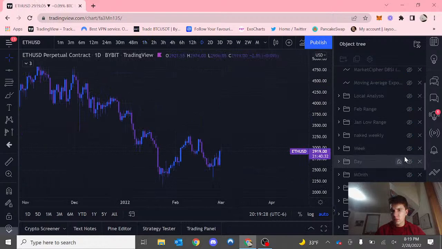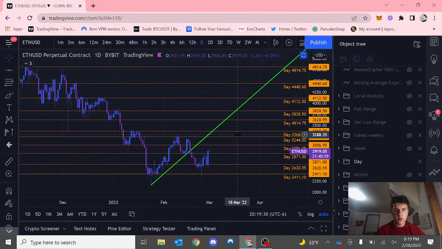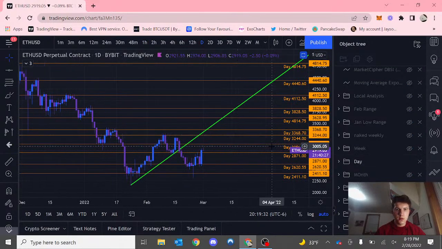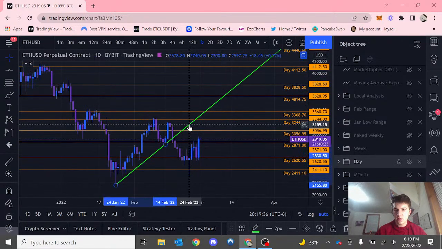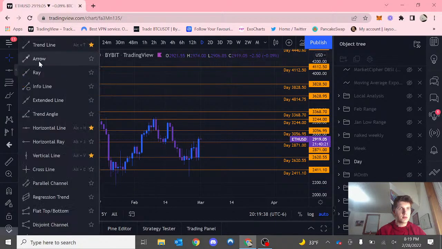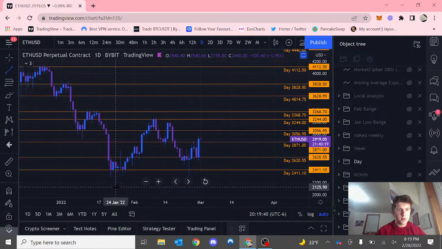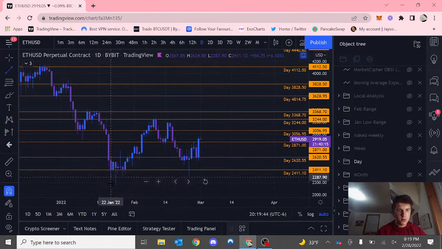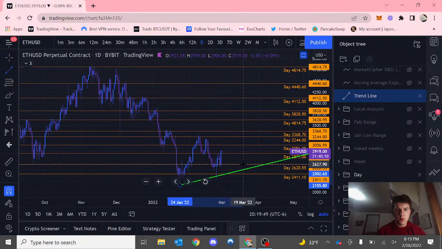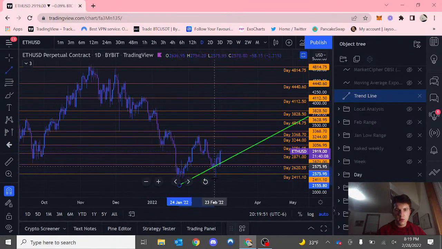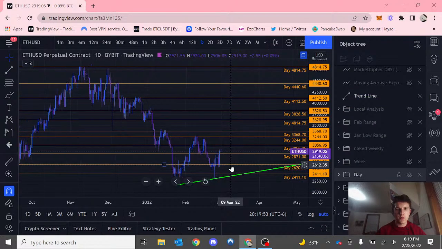All right. Let's go through our daily. Here, once again, I drew a trend line, but we could probably get rid of this one and draw a new one on the daily. Turn on my magnet tool. Alright.